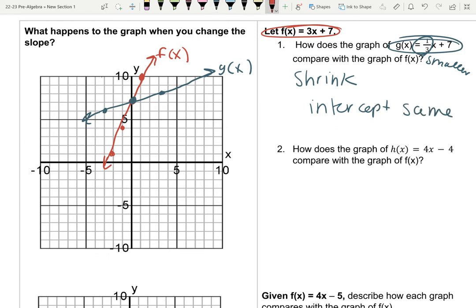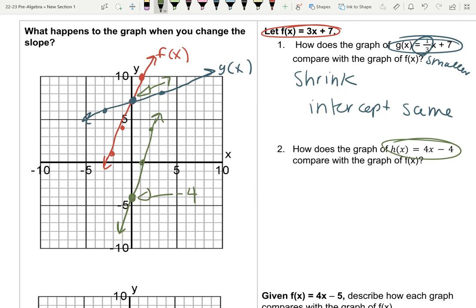Okay, our next one, we are going to graph this. I'm going to start down at negative 4 and a slope of 4. All right, I'm going to connect these. So it does have a different y-intercept. We started up here at 7, and we went all the way down to 4.